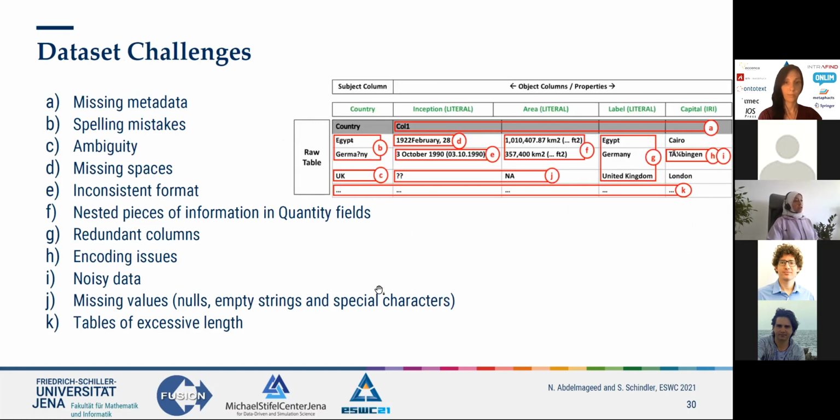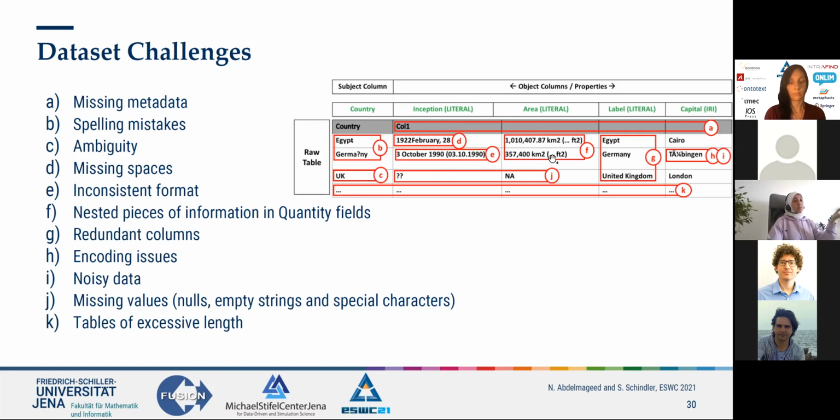We have encountered 11 challenges for the given dataset. At first, the column header or the metadata is always or frequently missing. Second, we have encountered a lot of spelling mistakes, and also some ambiguity, actually a lot of them. We have also checked the missing spaces and the inconsistency of the format.